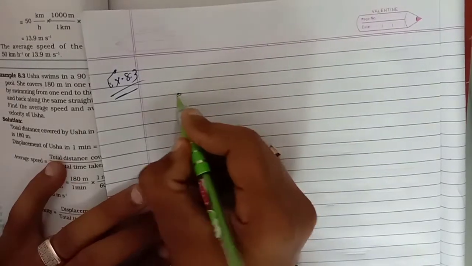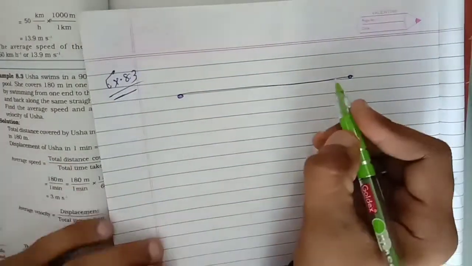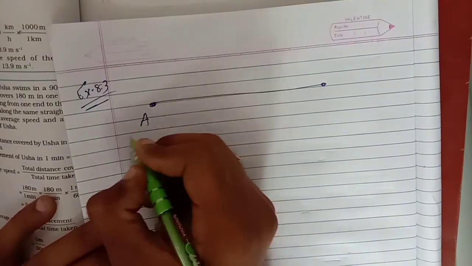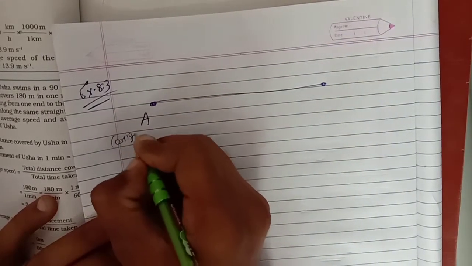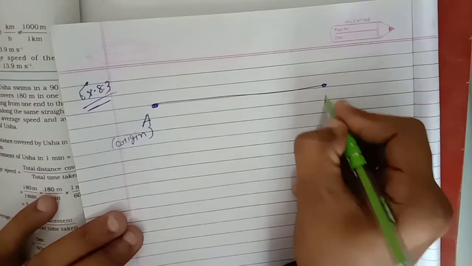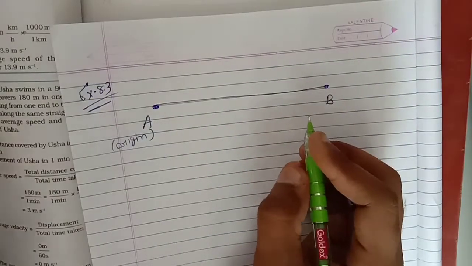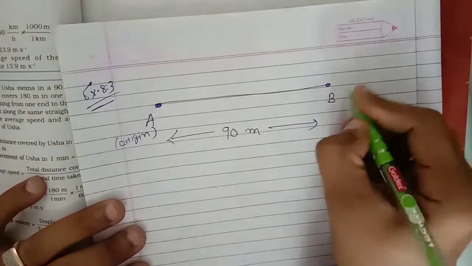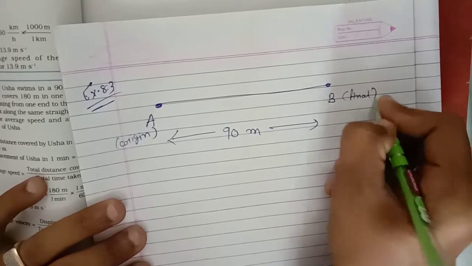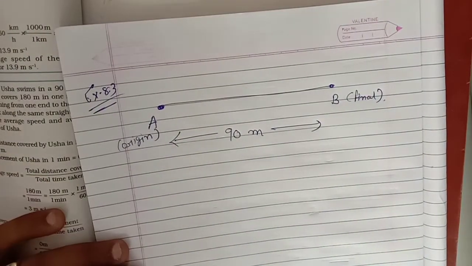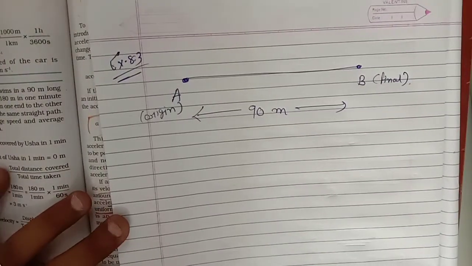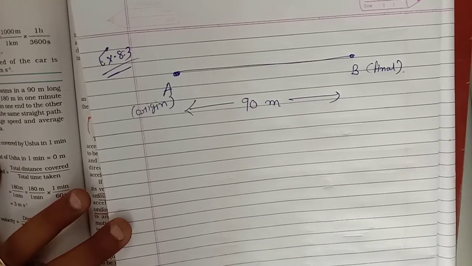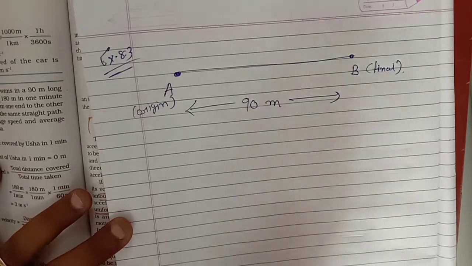See, this one is a 90 meter long pool, this one is the reference point, the origin point is here, and the total distance is 90 meter. This one is the final point. Clear? Usha swims in a 90 meter long pool. She covers 180 meter in 1 minute by swimming from one end to another.